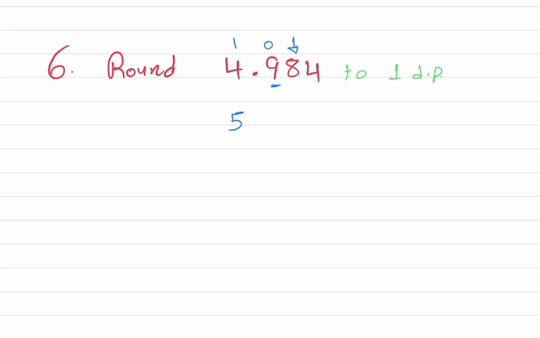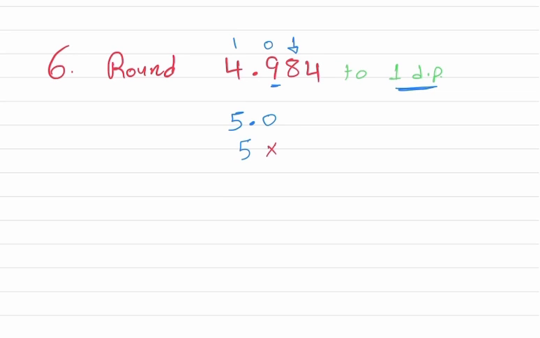But since the question again is asking me to round to one decimal place, I have to make sure that my answer has one decimal place, which is 0.0 in my case. Again, if you write only 5, then your answer is going to be wrong.